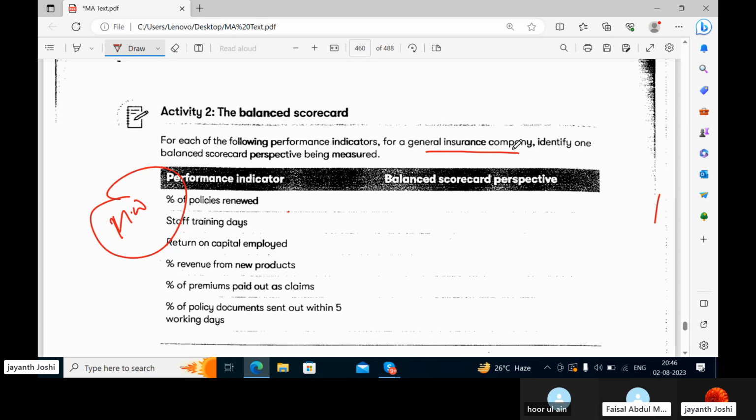So you have to see the performance indicators from the perspective of a general insurance company and identify one balanced scorecard perspective being measured. That means all four areas should be balanced. So what can your answer be for this?